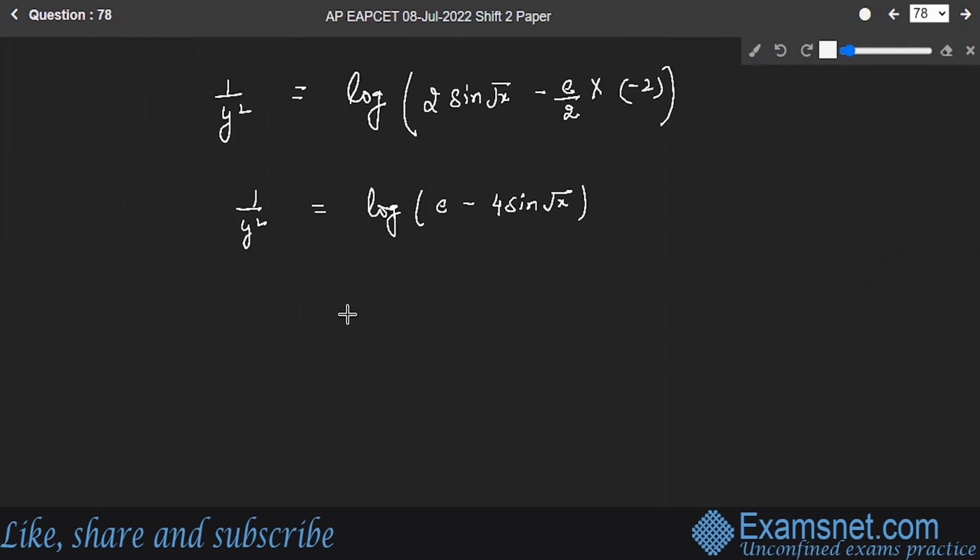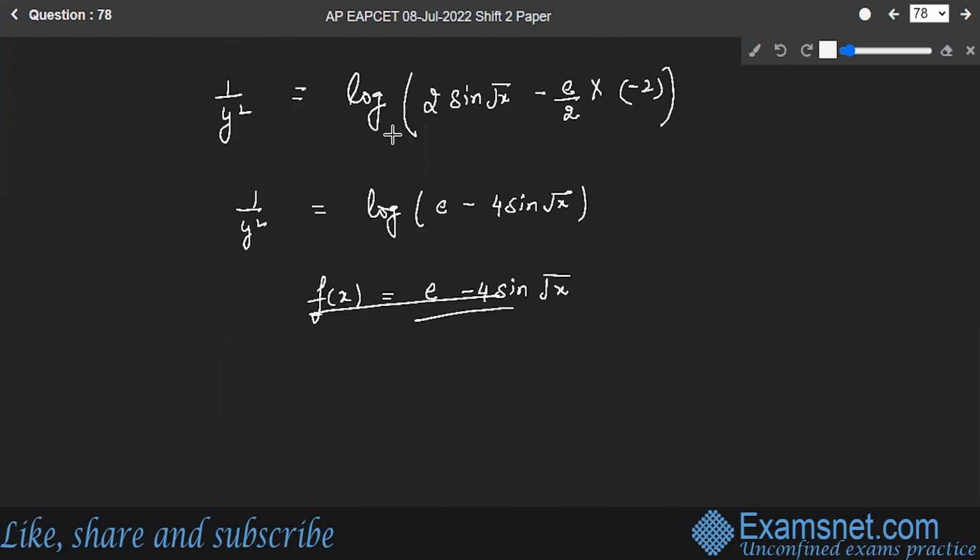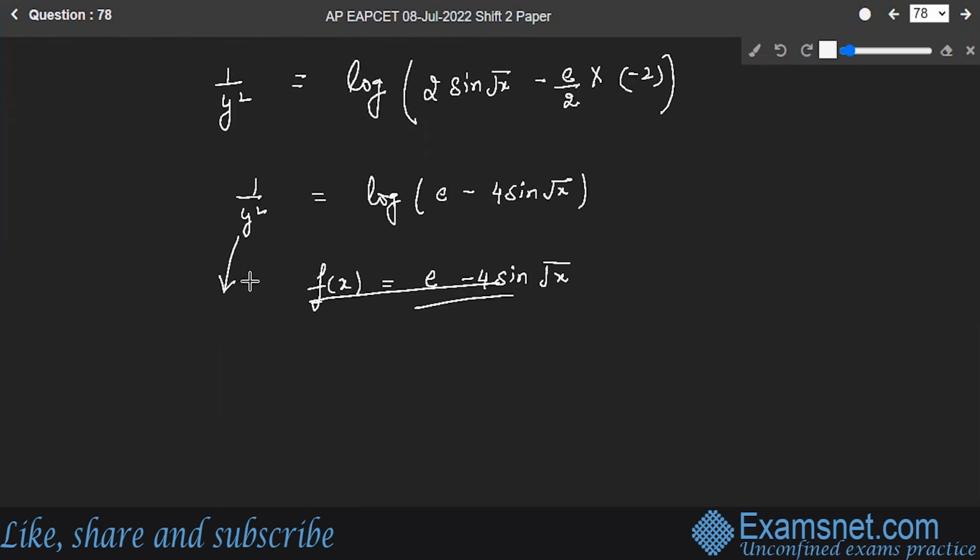So that means fx is equal to e minus 4 sine root of x, right? Over here, you were given that log e fx is equal to 1 by y square. So this can be written as log e fx, which gives you fx is equal to this term, right?